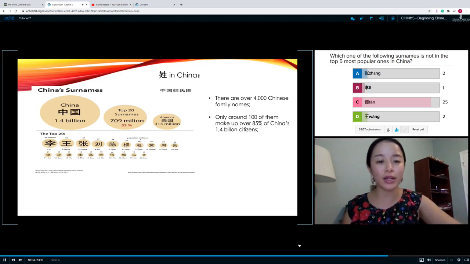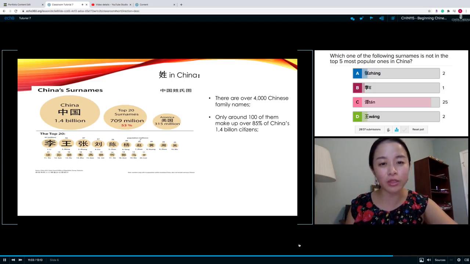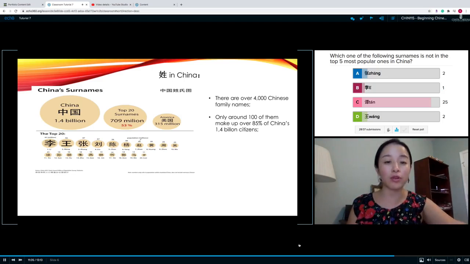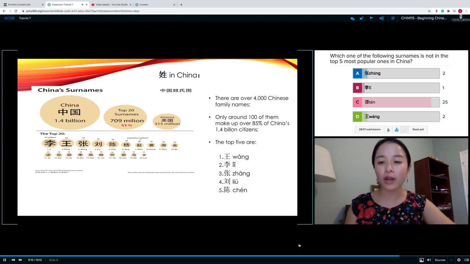As you can see in this picture, the top 20 already compose 53% of the entire population. Here are the top 5 surnames in China: Wang, Li, Zhang, Liu, Chen. Do you know any Chinese people whose surnames are any of these?